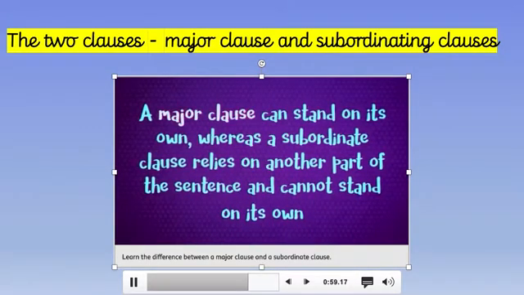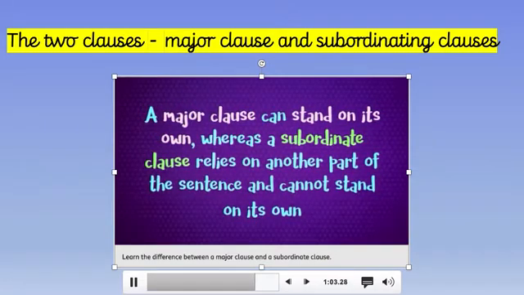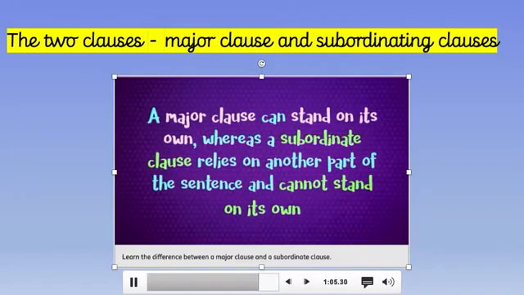Subordinate clauses. A major clause can stand on its own, whereas a subordinate clause relies on another part of the sentence and cannot stand on its own.